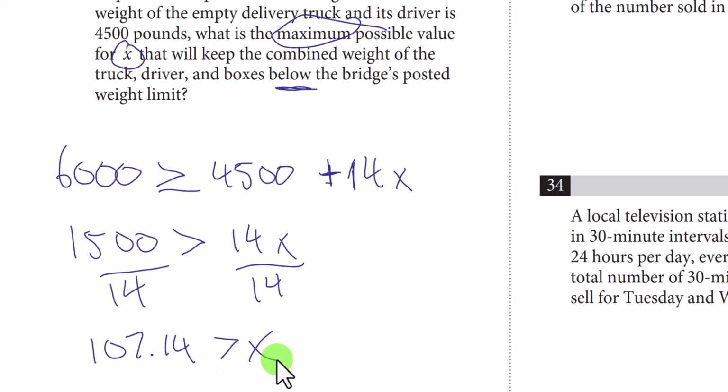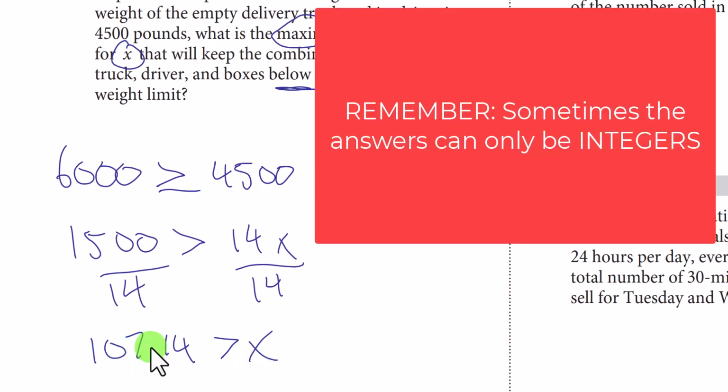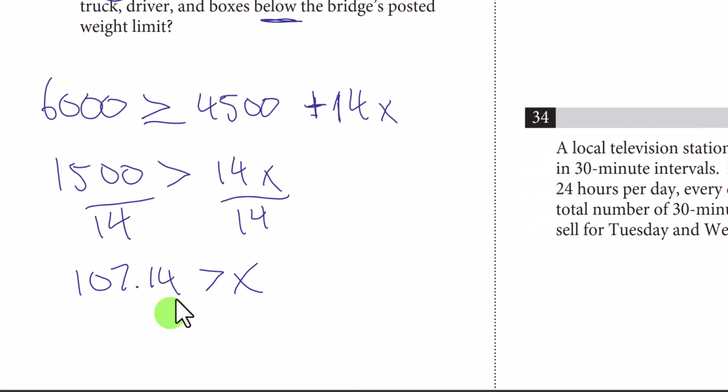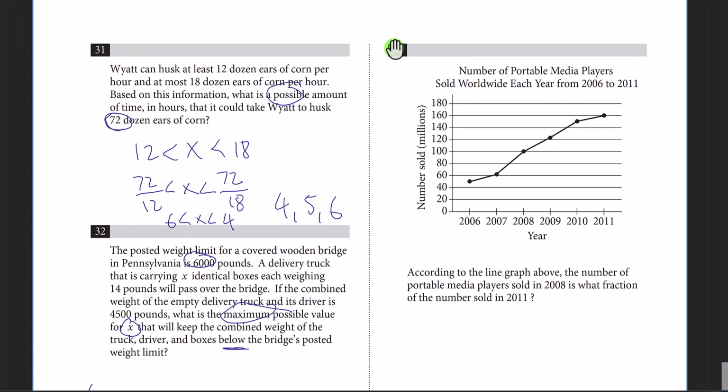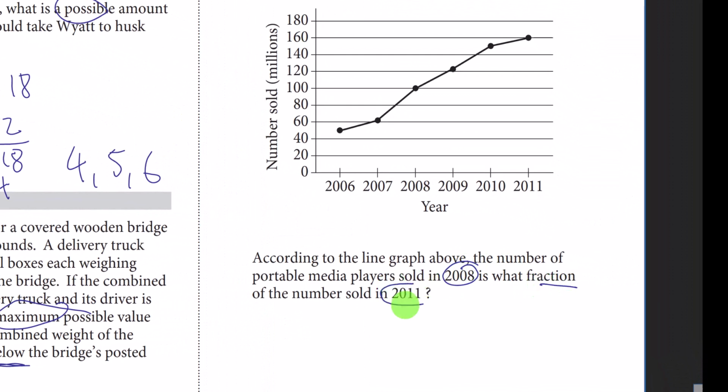Now remember, we have to deal with integer numbers here, so we can't have a value like 107.14 boxes. There's no such thing. So basically, the maximum number is going to be 107, and that is going to be your answer. Question 33. 2008 is what fraction of 2011? All right, so 2008 is about 100, and 2011, we're looking at 160.